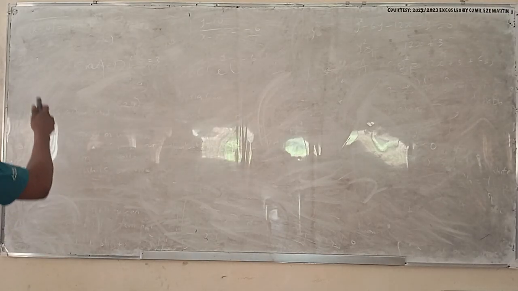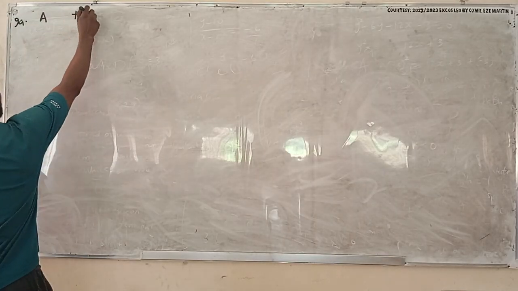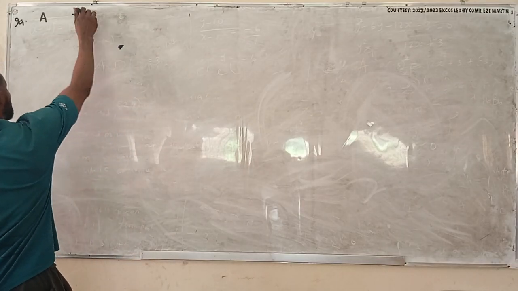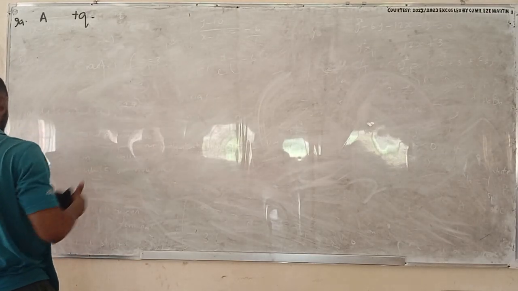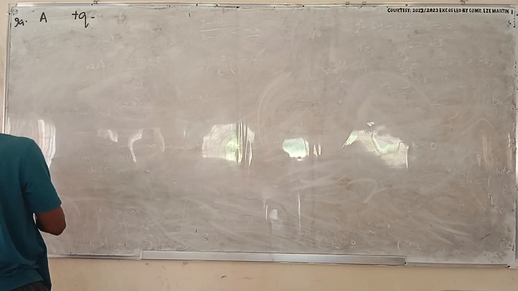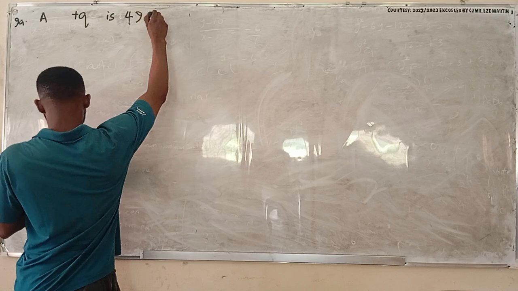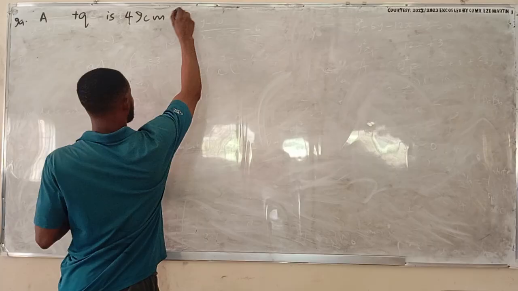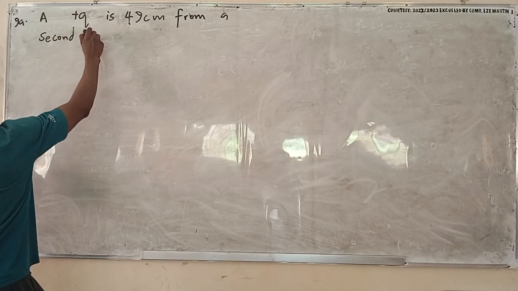A positive charge, Q1, a positive charge, 9 microcoulombs, is 49 cm from a second positive charge.